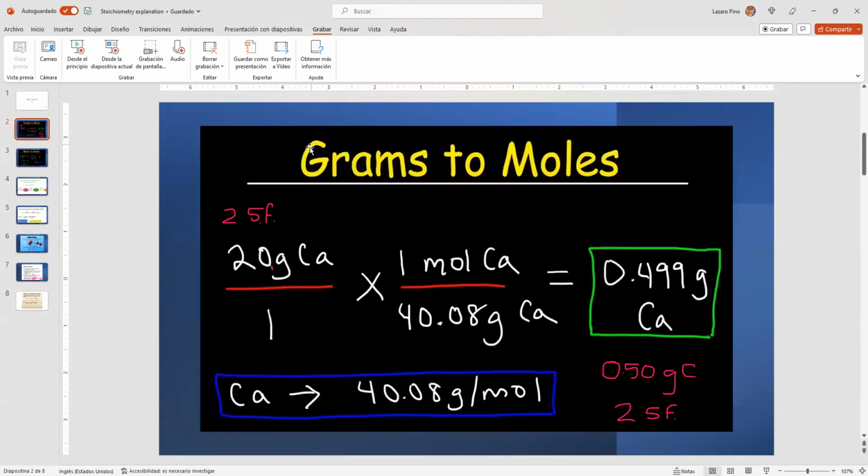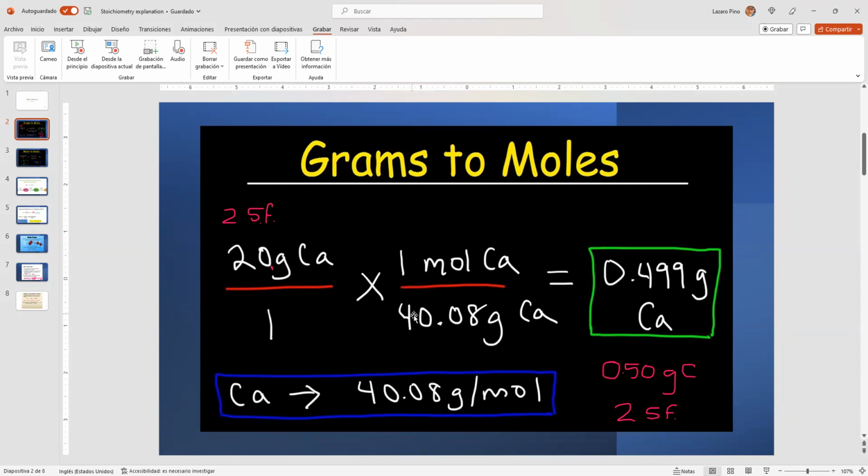The first one is a conversion from grams to moles. For example, we begin from 20. grams of calcium. As you can see, this number has two significant figures and is the given number. And you want to convert this into moles. Then what do you have to do?